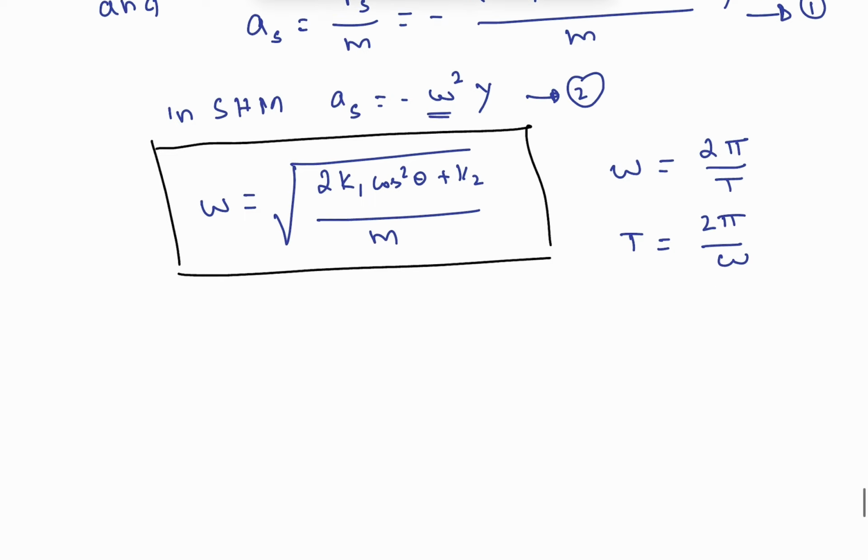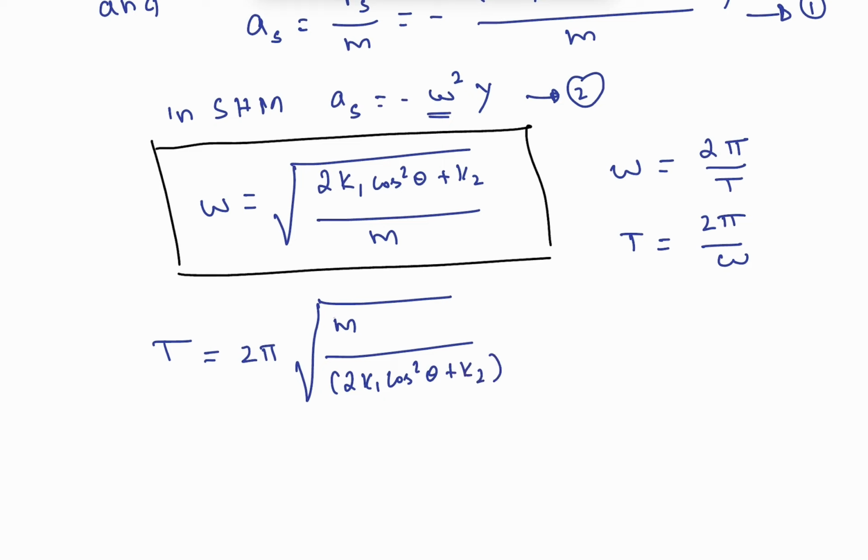So I'll write the next step directly: T is equal to 2 pi times the root of the reciprocal of omega squared, that is, m divided by 2 K1 cos square theta plus K2. So this is the time period. If you take the reciprocal of this, you will have the frequency.